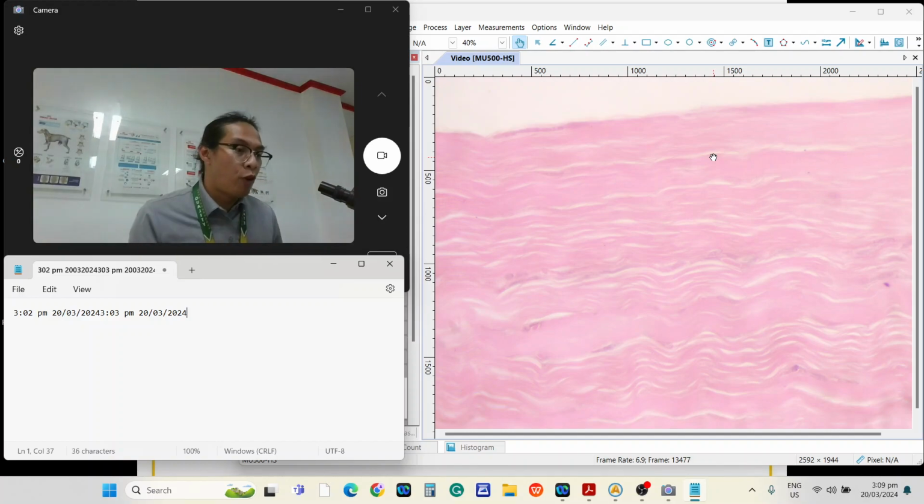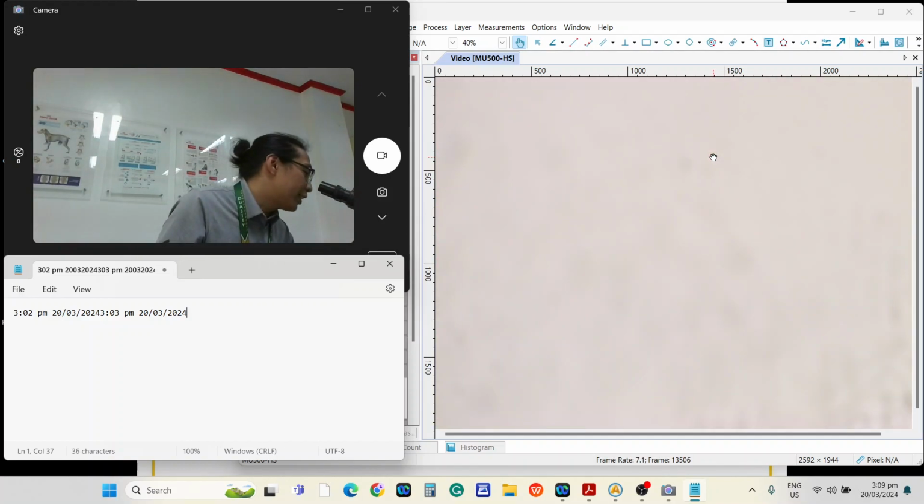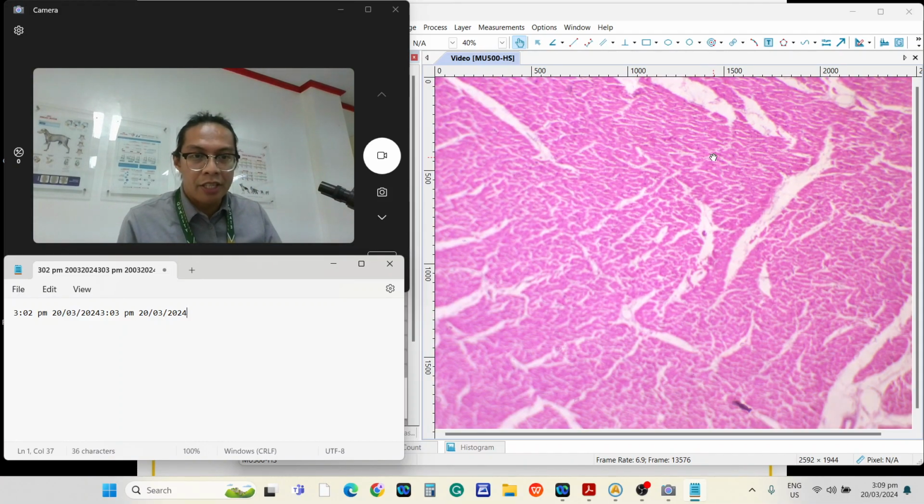Now, let's move on to the cardiac muscle cells. The cardiac muscle tissue. Dito tayo sa cardiac muscle. Tingnan natin siya under scanner. So this is the cardiac muscle under scanner.